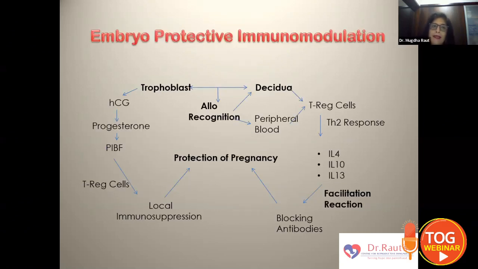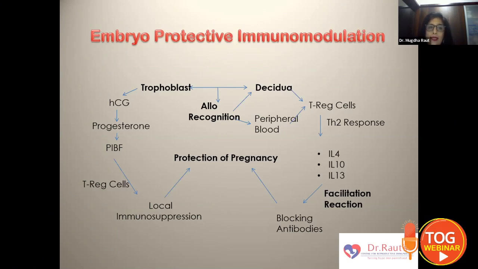Now, I've tried to summarize this in a table, where once the embryo enters the uterus and allorecognition happens, there are two parts played by the decidua and the trophoblast. Because of allorecognition, the decidua and the peripheral blood help increase the Treg cell population, causing the Th2 response, which increases the levels of interleukin 4, 10, and 13, causing a facilitation reaction, which produces blocking antibodies which protect the pregnancy.